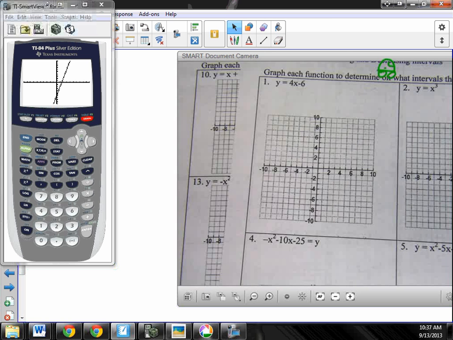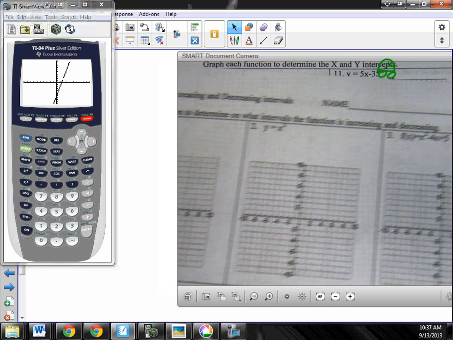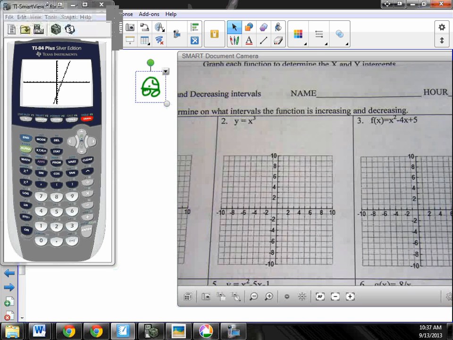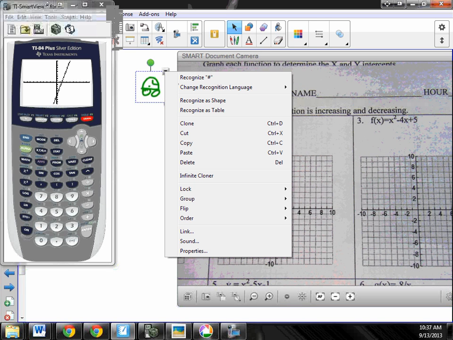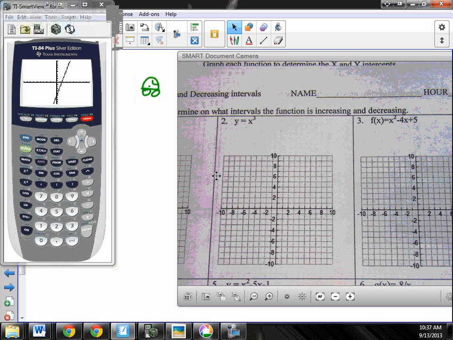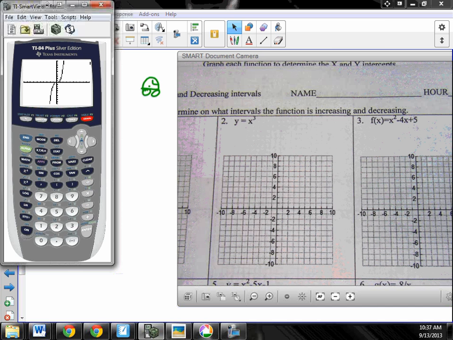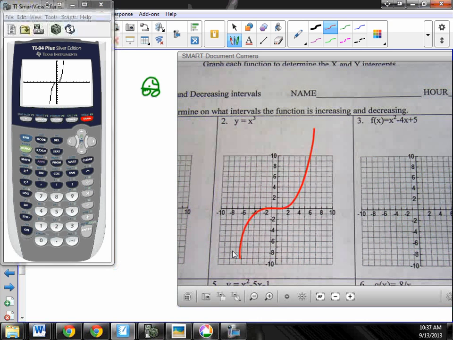Let's look at the next graph. Okay. So the next one is x to the third. So this graph looks like that.